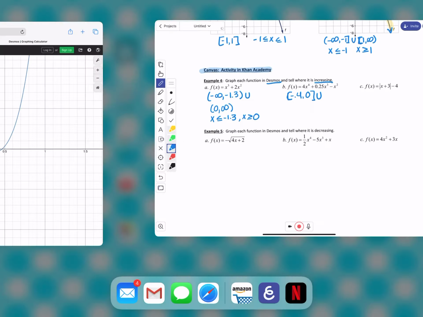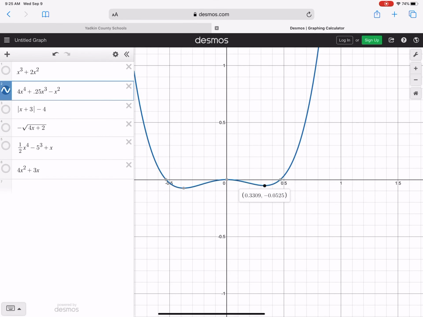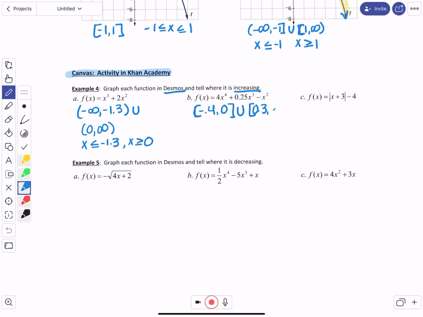And then it starts increasing again here from 0.3, and then it's going up forever. If I just look, it's just going to keep going up and up and up forever. So 0.3 to infinity.